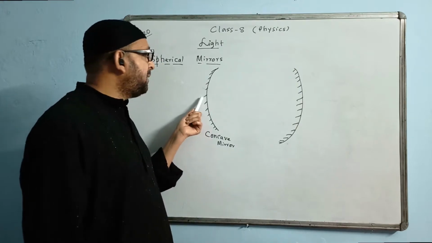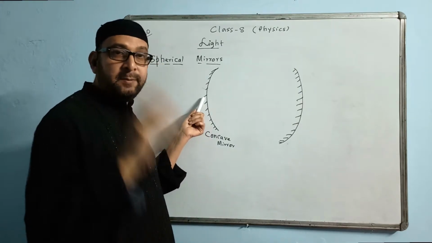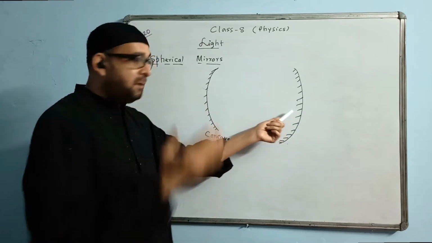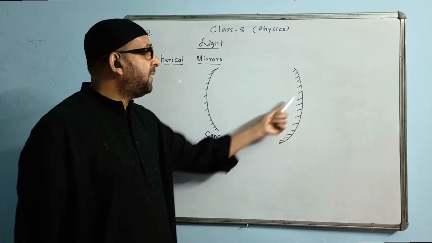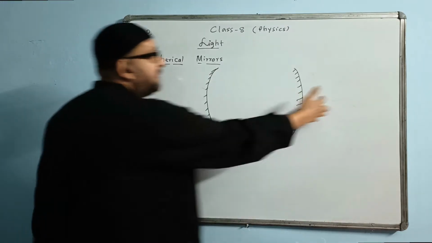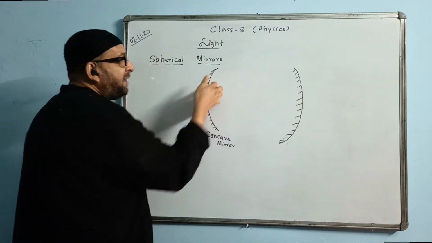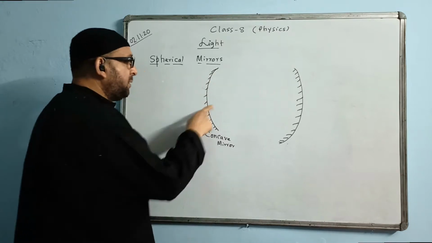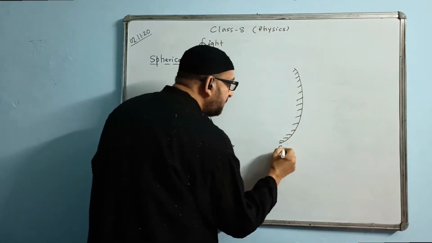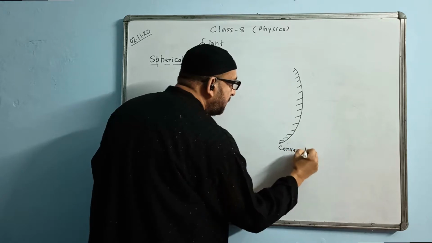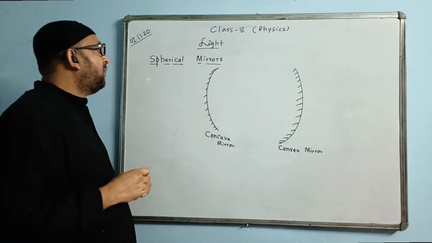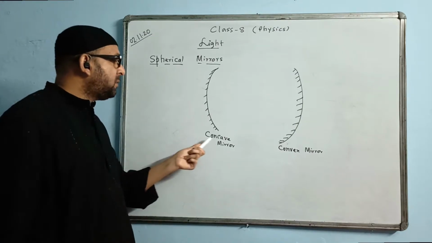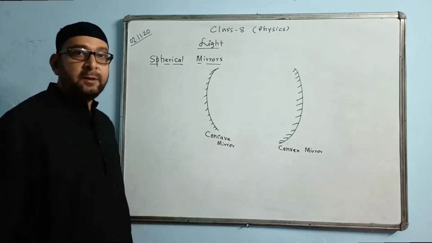Here the inner portion is polished or made shiny, whereas the bulge portion receives the light. So this is your convex mirror. There are two types of spherical mirrors: concave mirror and convex mirror.